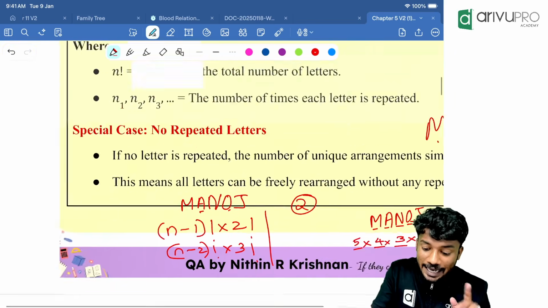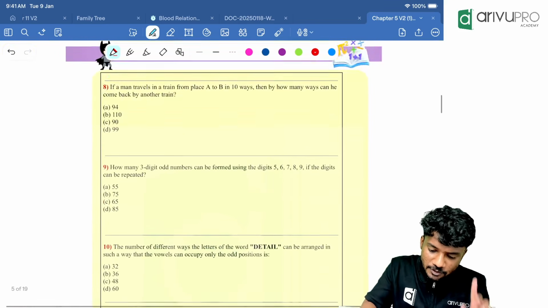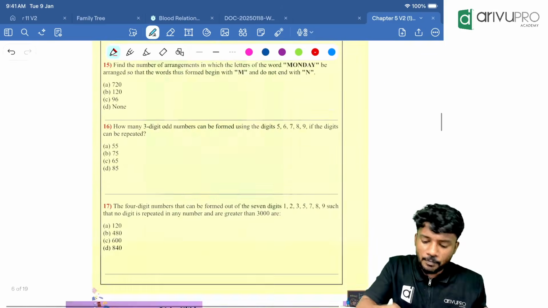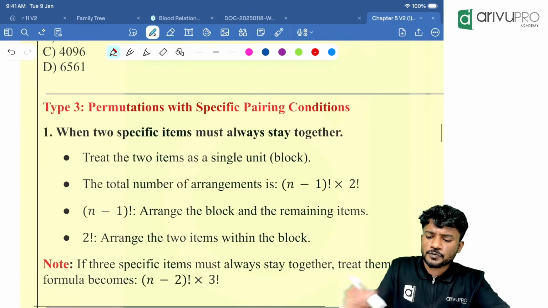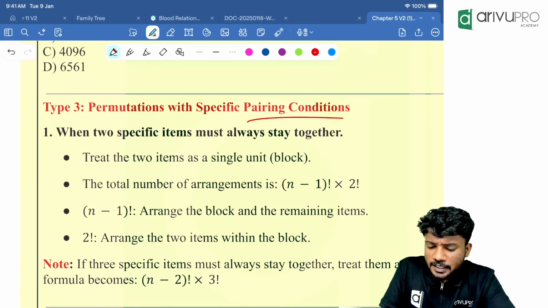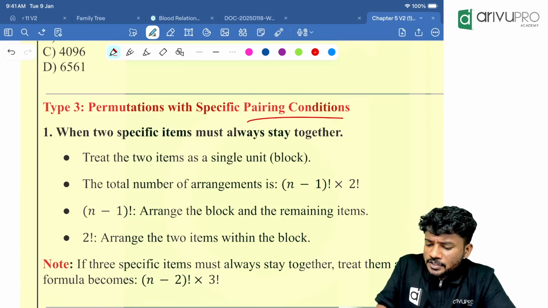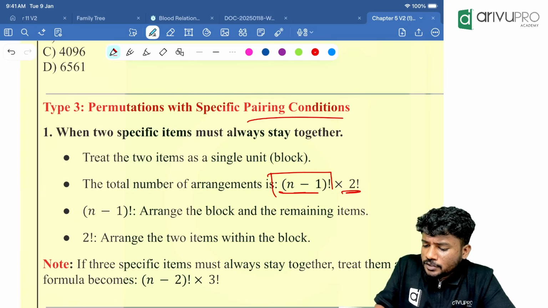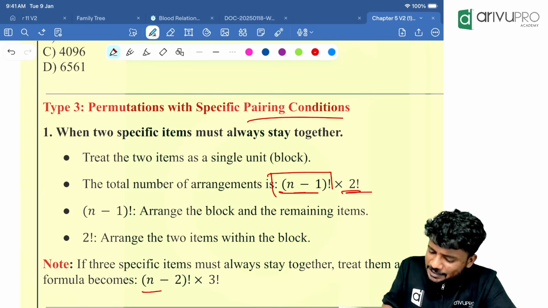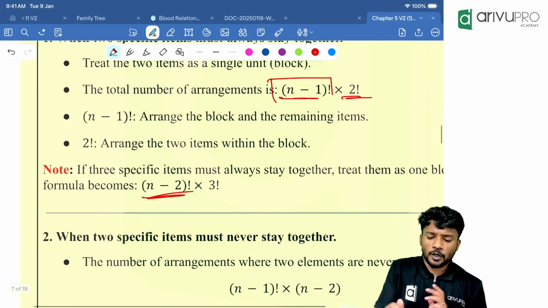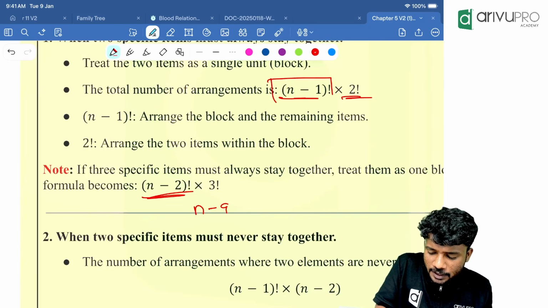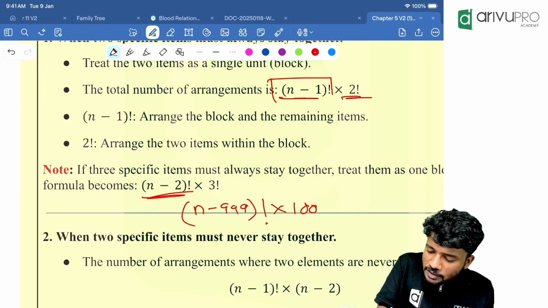That is another way of approaching the question, and it is mentioned in my material. Look here: when 2 items are together, (n minus 1) factorial into 2 factorial; 3 items, (n minus 2) factorial into 3 factorial; 1000 items, (n minus 999) factorial into 1000 factorial.